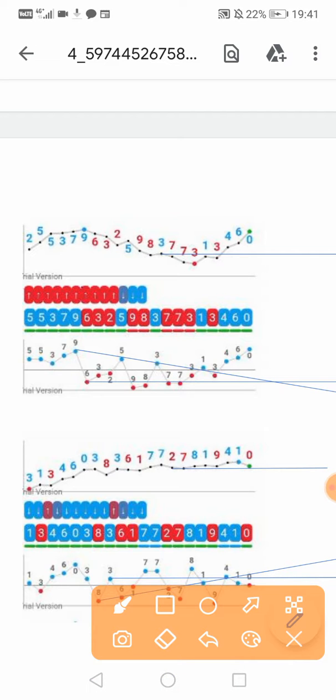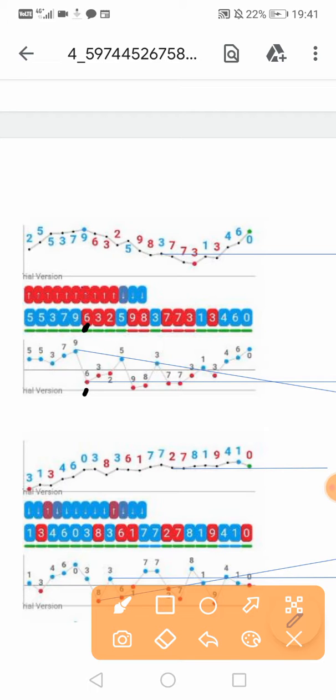Same thing. Start with a red number or blue number, but the meeting must have a red number and a blue number as your start. Then you notice from 9 blue it dropped to 6. That's our start.